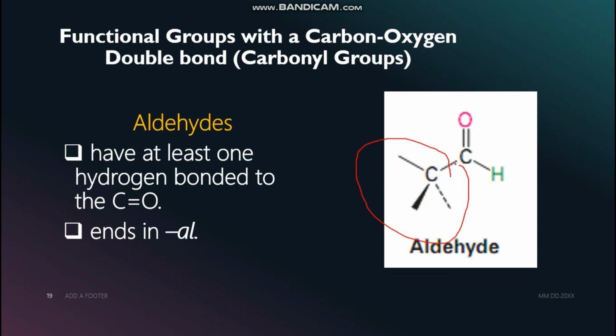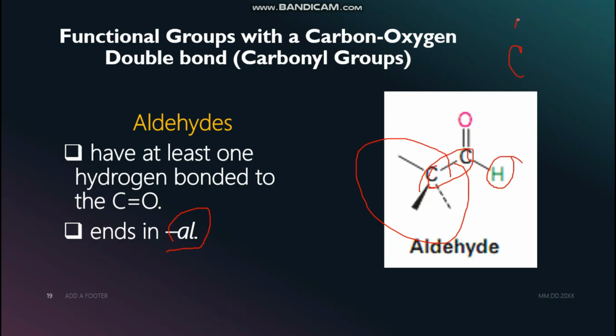In this one, we have two carbons. So its name is ethanal. It ends in al because it has two carbon atoms.